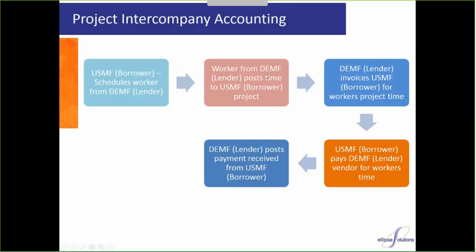So it was in their home company, and they put the time against the project in the borrowing company. Then the lending company invoiced the borrowing company for the worker's time. Then the borrowing company paid the lending company for the worker's time. And then finally the lending company accepted the payment from the borrowing company. So now let's take a look at how we set that up.